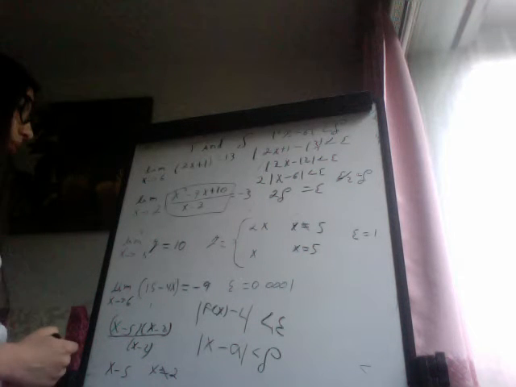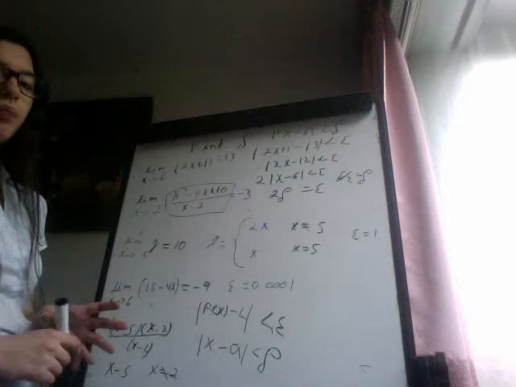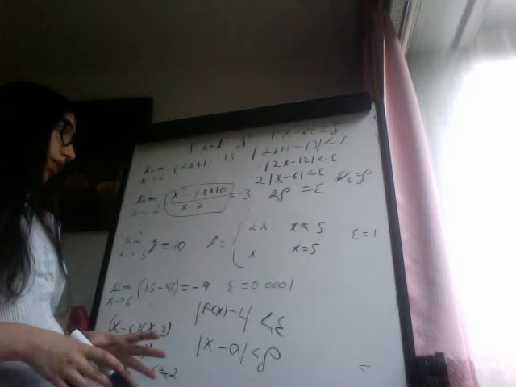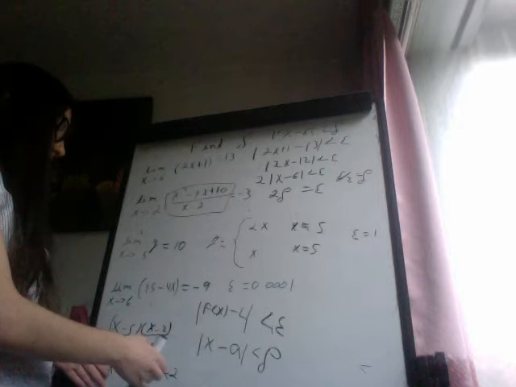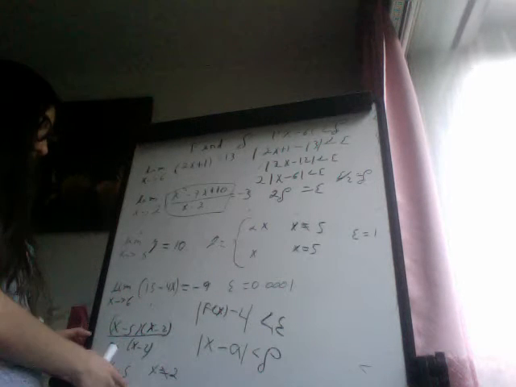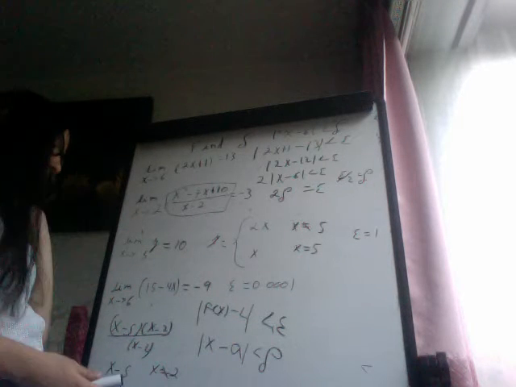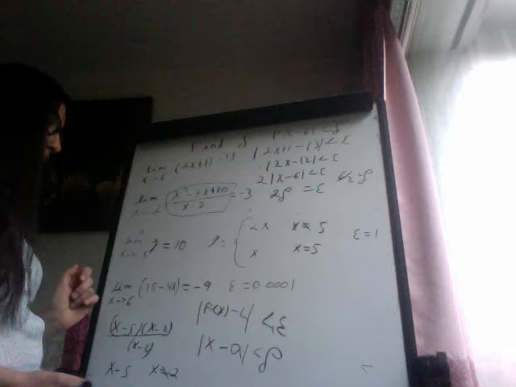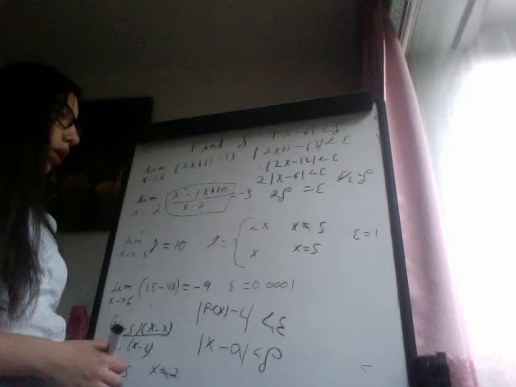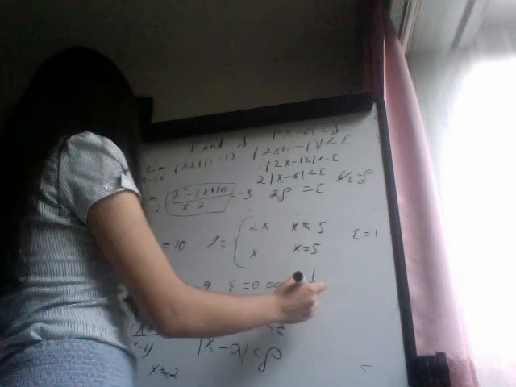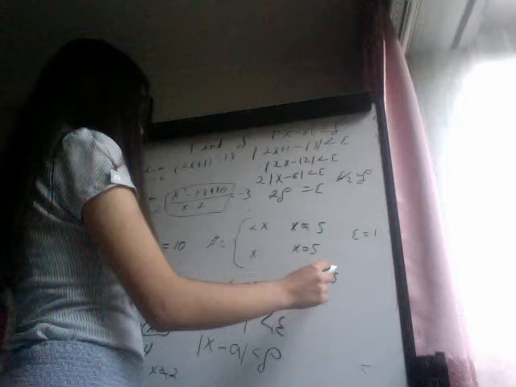Now we want to know the distance between the function and the limit. The function is tending to go to x minus 5, evaluating at x equals 2. So the function tends to go to negative 3. So the distance between the function and the limit would be the absolute value of x minus 5 minus the limit, that is negative 3.